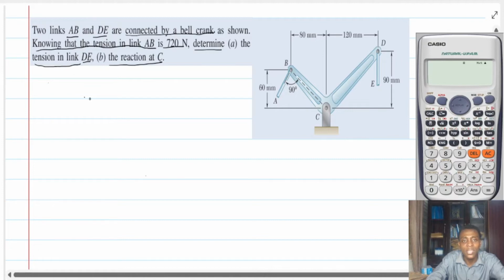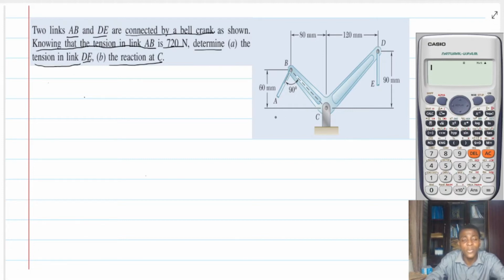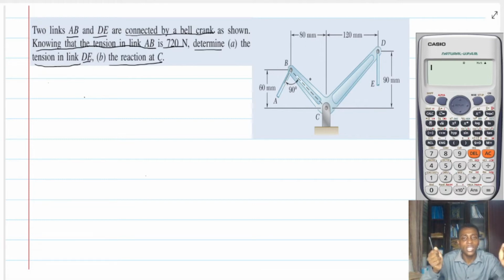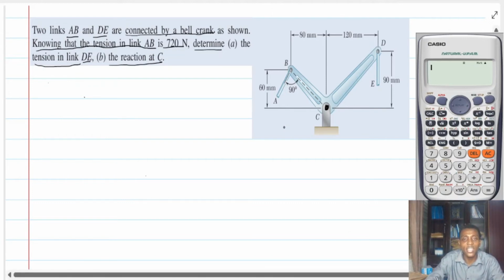For a system like this, when we say a bell crank lever, we are saying that this whole thing is actually one body. This BCD is a whole rigid body on its own, and this rigid body is pin jointed at point C. Can you see that?